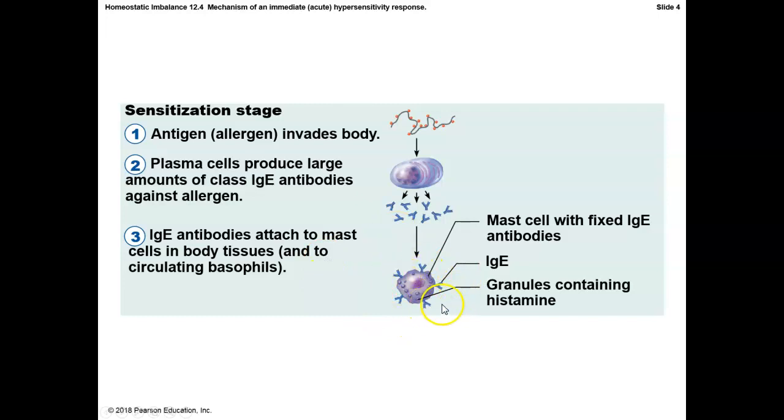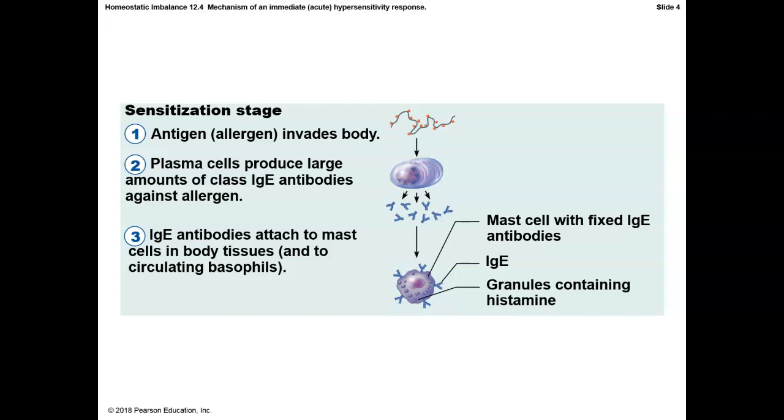Mast cells and basophil cells are the cells that release histamines and heparins in response to different allergic reactions.